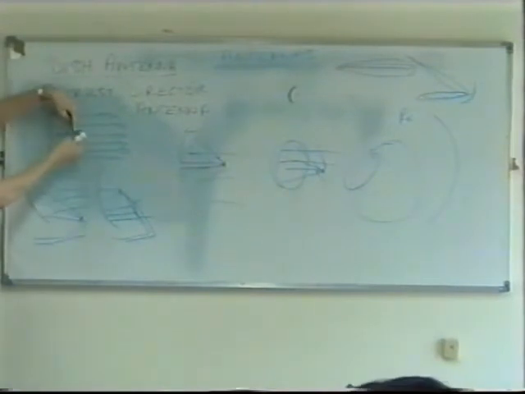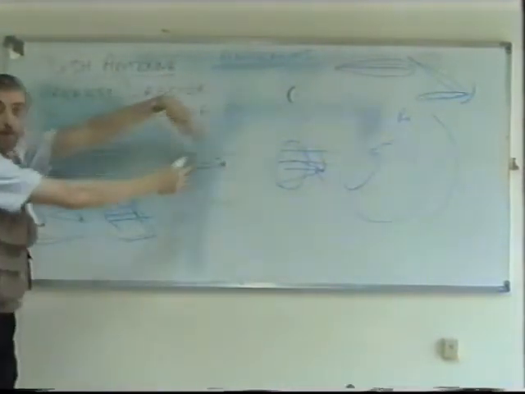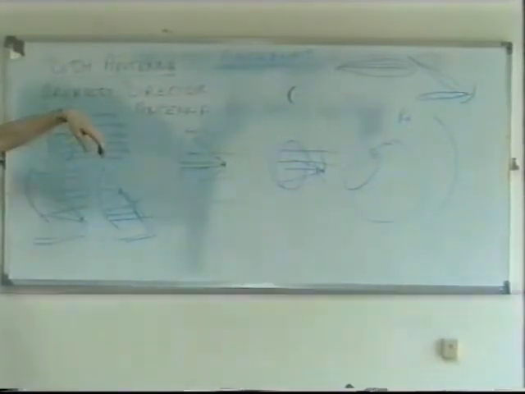Now, if this was a transmitter, it's the opposite way round. The radiation comes from here down to the dish and then is reflected out. But in a receiver, such as a TV receiver, it's the opposite. It goes that way, you see. It can be a transmitter or receiver.